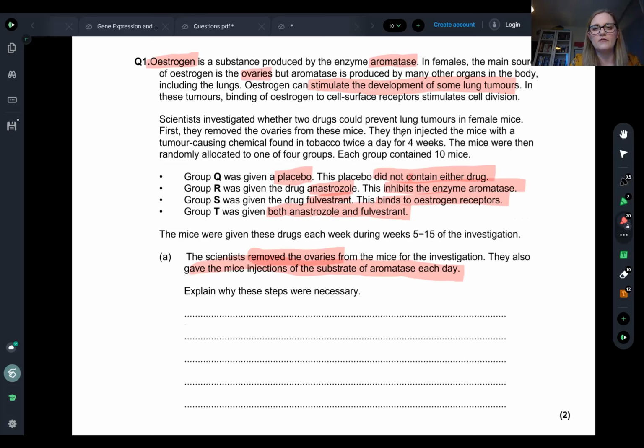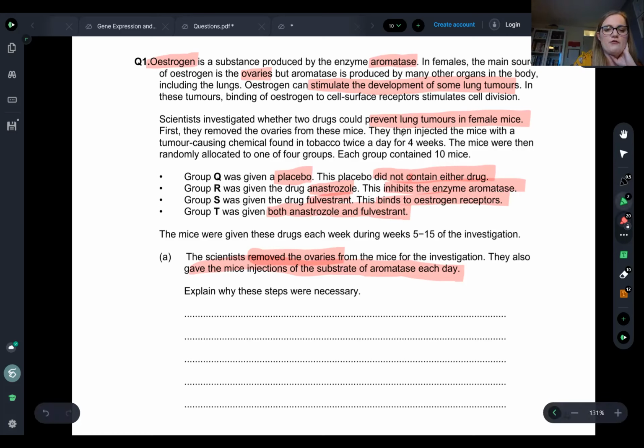Estrogen can stimulate the development of some lung tumours. And the scientists are investigating whether 2 drugs can prevent lung tumours in female mice. So in this situation, we're wanting to remove a source of estrogen. We're wanting to control this as much as possible, because some mice produce different amounts of estrogen to others if they're producing it naturally from their ovaries.